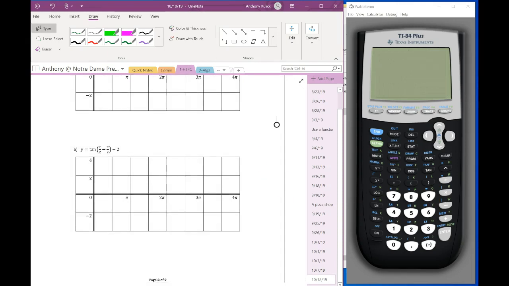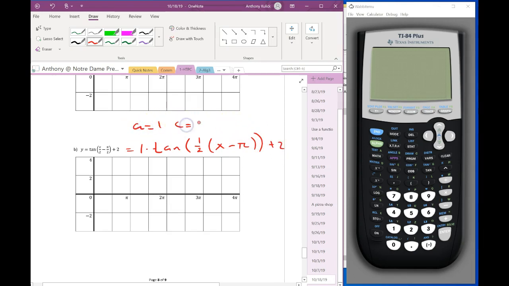So first thing I'm going to do is determine my values for A, C, H, and K. To do that, I'm going to have to write this in a factored form. So A is 1, C is 2, H is pi, and K is 2. Happy with that, Olivia? Okay.